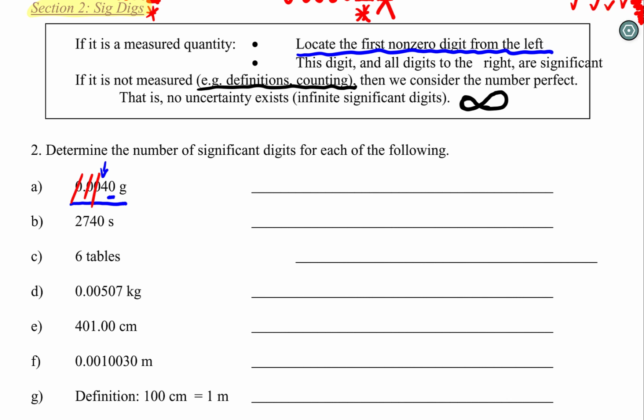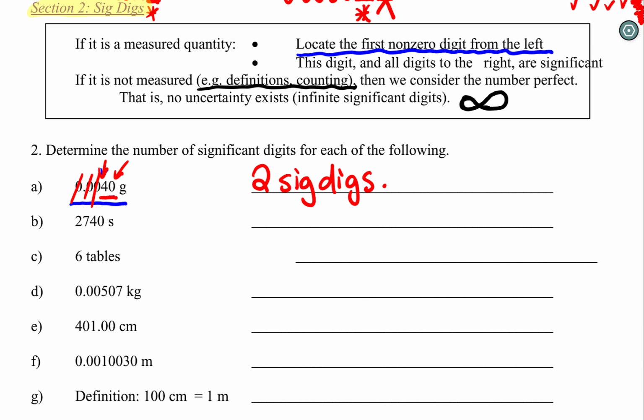My first real number, 1, 2, 3, 4, 5, 6, 7, 8, 9, is what I'm looking for in this spot. Every digit, including that digit and the digits that follow, are significant. So the 4 is significant and the 0 is significant. So I would say that there is 2 sig digs, or significant digits, in that value.